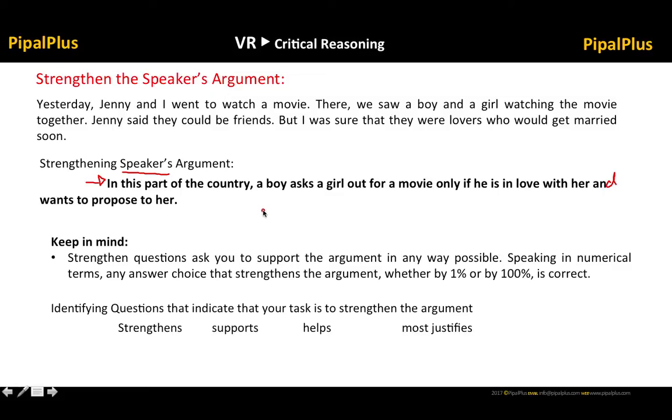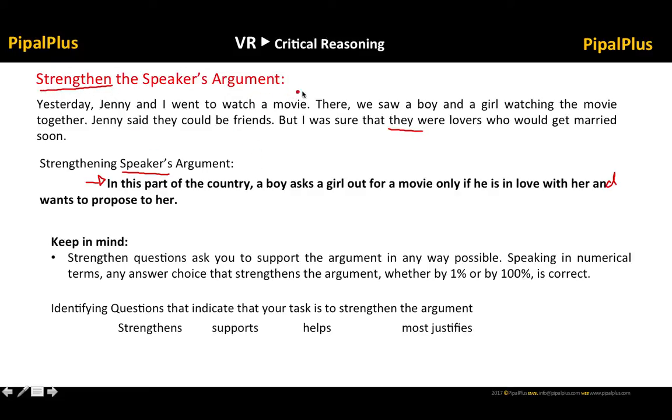Then I've completely made the assumption 100% certain. But that need not be so. You may not be required to make it 100% certain. You are just required to consolidate. So maybe increase the percentage. If what the speaker said was maybe 50% true, the statement adds up another 20% to it. That's how you strengthen the speaker's argument.